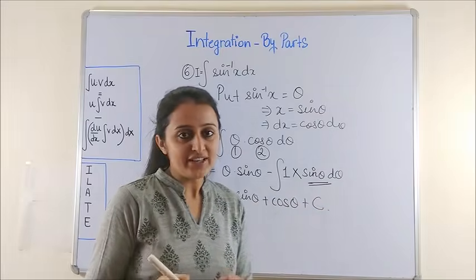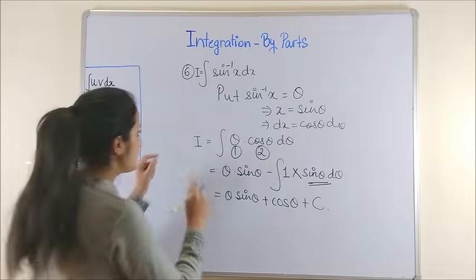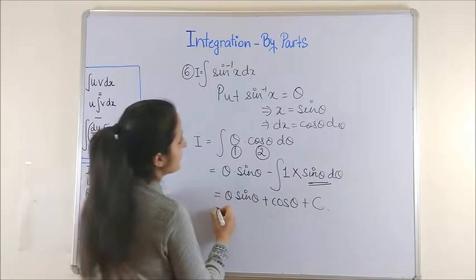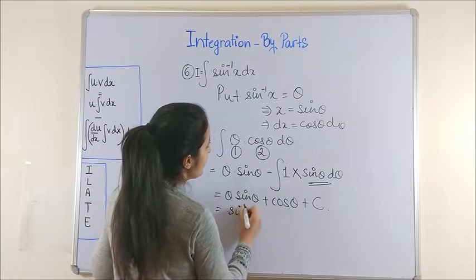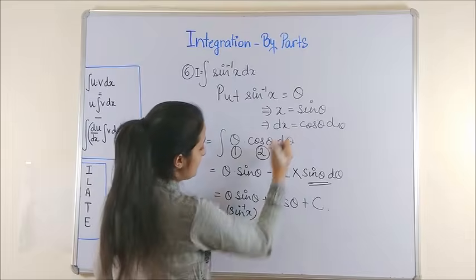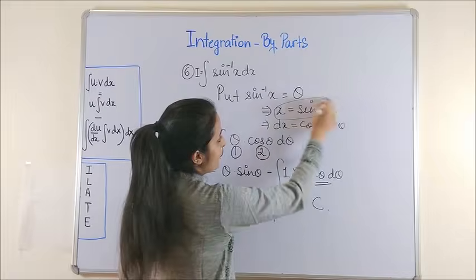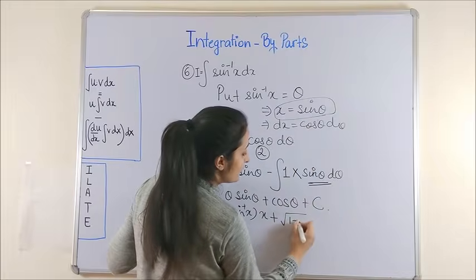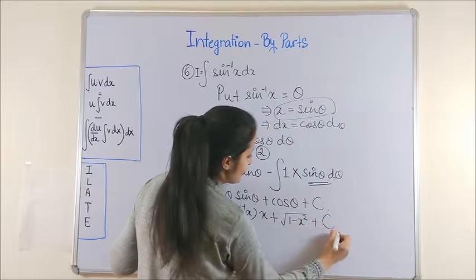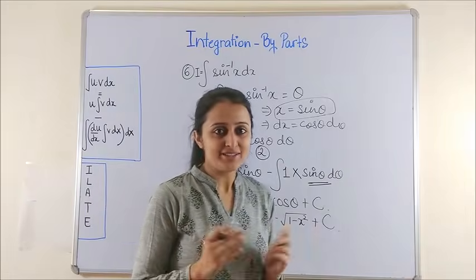But don't leave your answer here. Make sure to substitute your theta. So this becomes sine inverse x into x plus your cos theta you may derive from here as under root of 1 minus x square plus c. Wasn't that super simple?